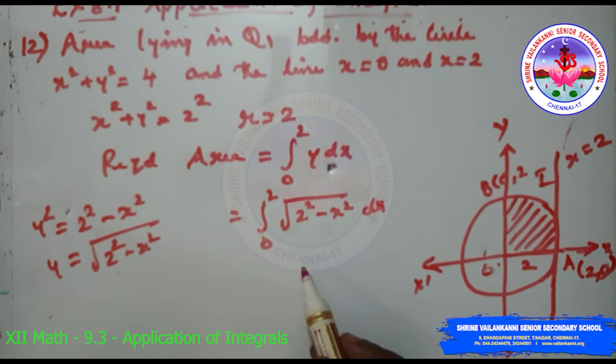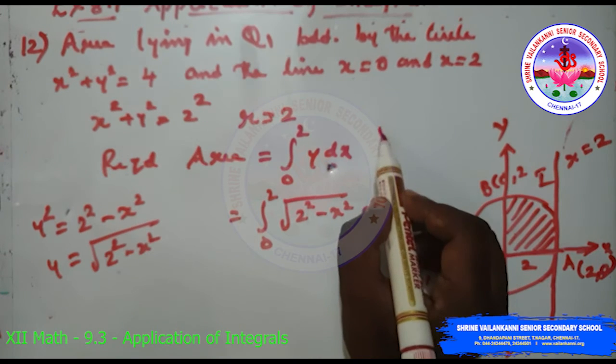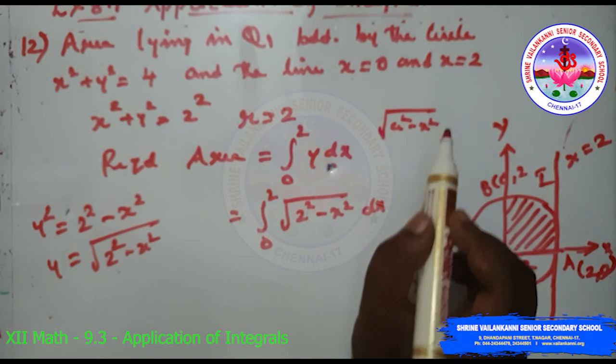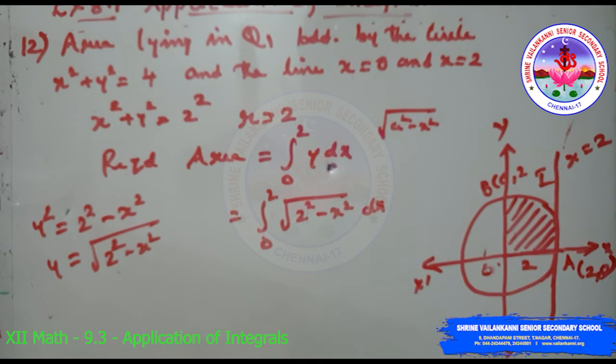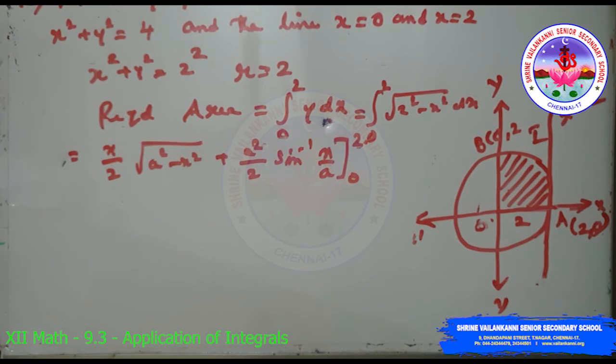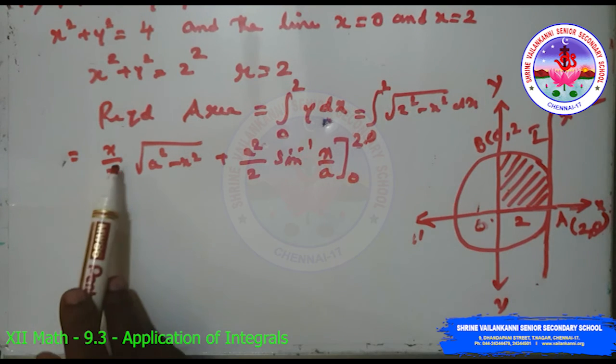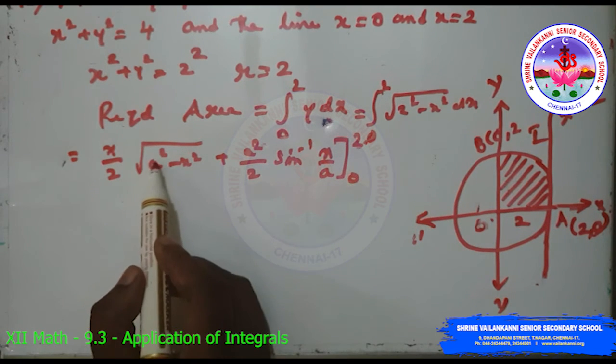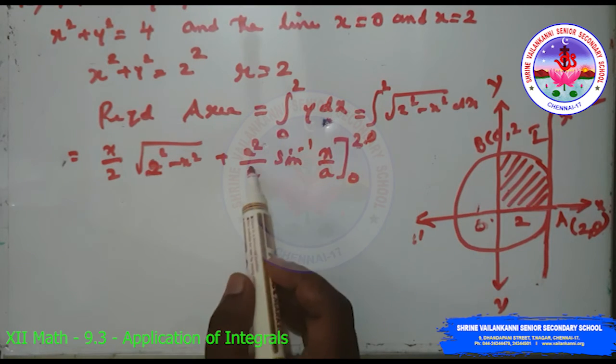So using the integral of the type root of a square minus x square, which is equal to x by 2 root of a square minus x square plus a square by 2 into sine inverse of x by a. So which is equal to x by 2 root of 2 square minus x square plus a square by 2.